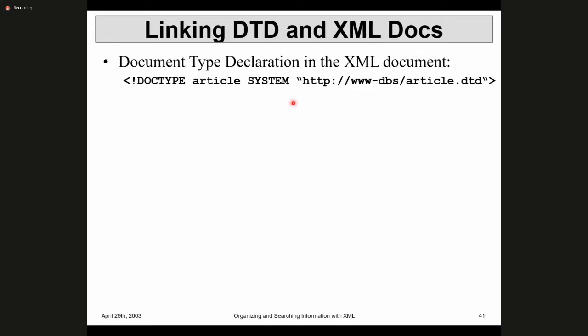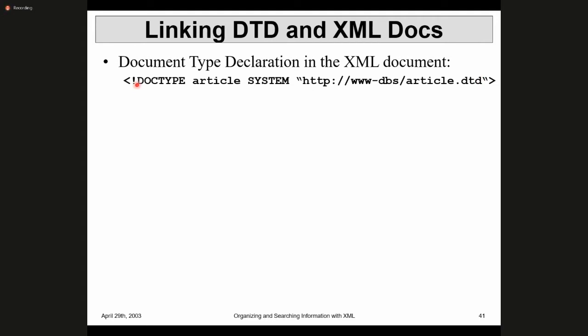In the same way, you have to define the DTD for a particular XML document. So the doctype is article, and you should refer to article.dtd, the document type definition.